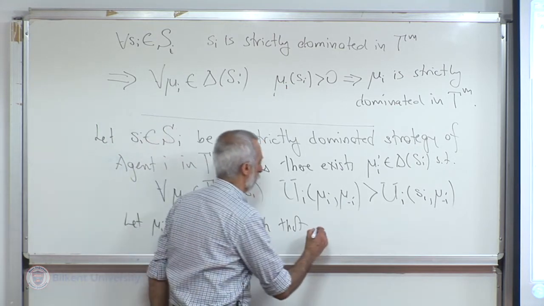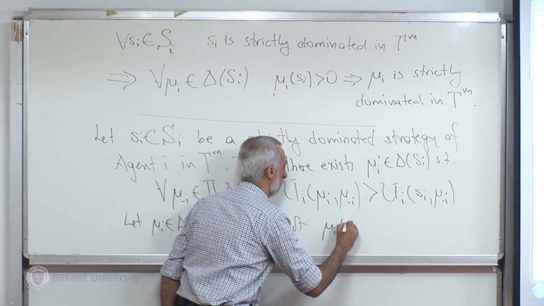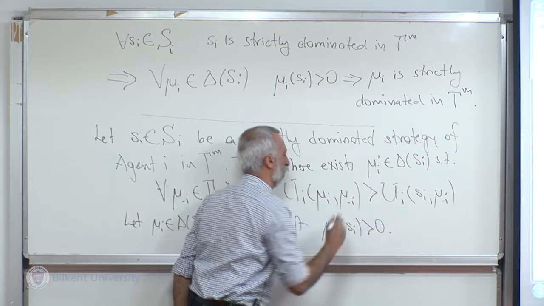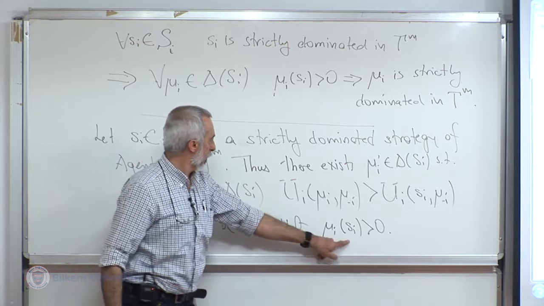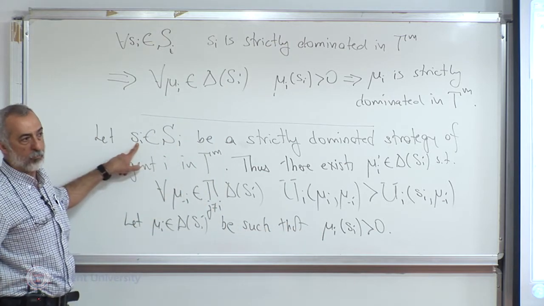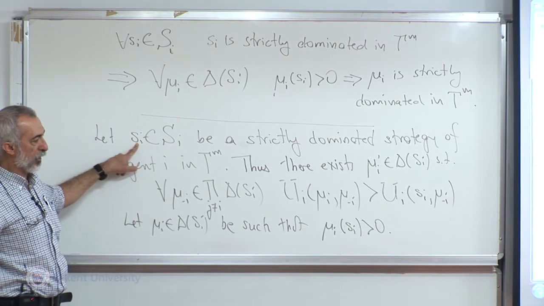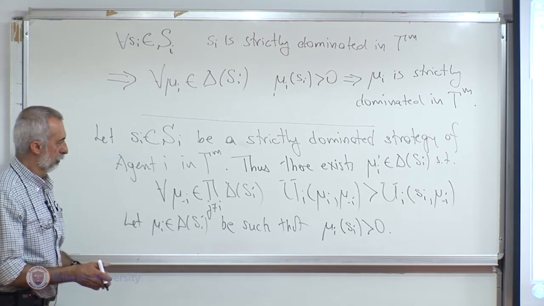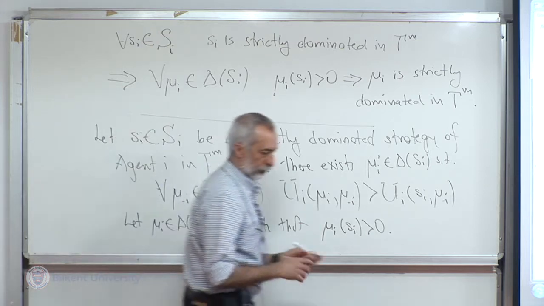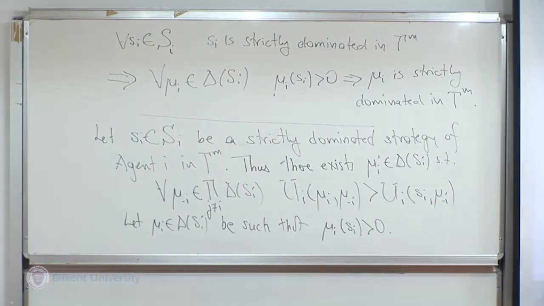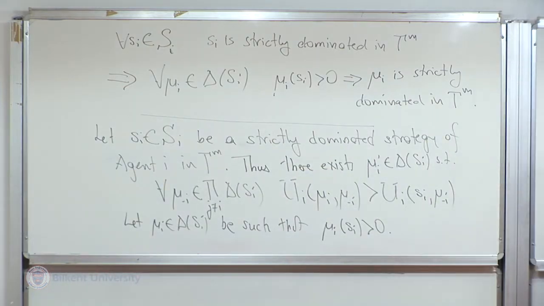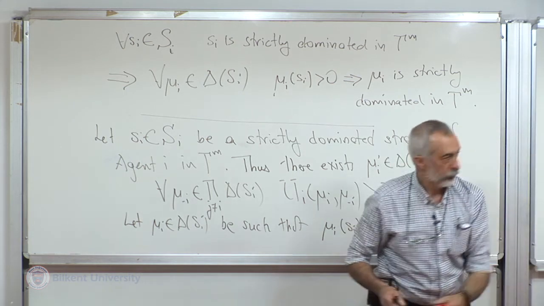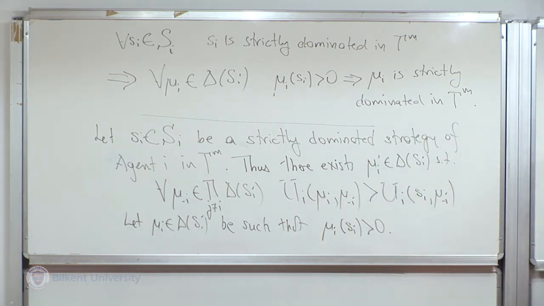Let mu I of SI be greater than 0. Again, what is this SI? SI is the strategy that we picked at the beginning. SI is the strategy that is strictly dominated. Again, not to get lost, it's a good idea to write down what you want to arrive at.